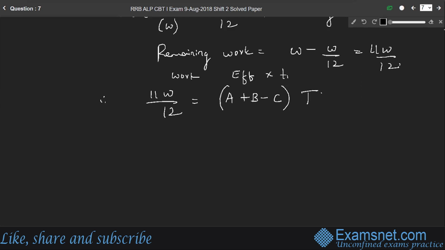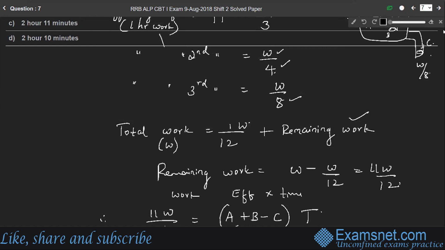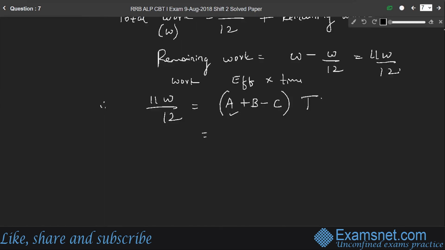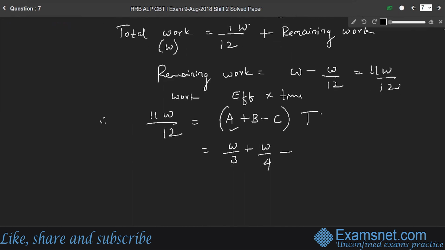We are using the same concept here. Efficiency of A, the first pipe, is W by 3. Efficiency of B was W by 4. Efficiency of the third pipe was W by 8, into time.